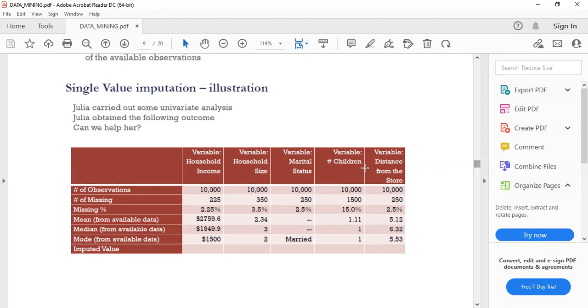Look here, for the categorical variable marital status, the mode is married. So it appears most of the time. Mean and median cannot be computed for the categorical variable marital status.